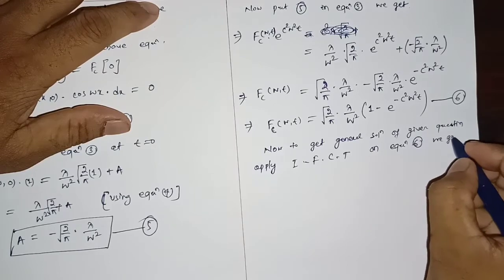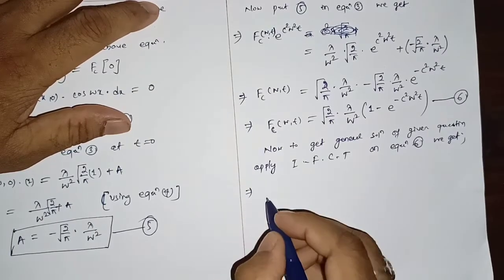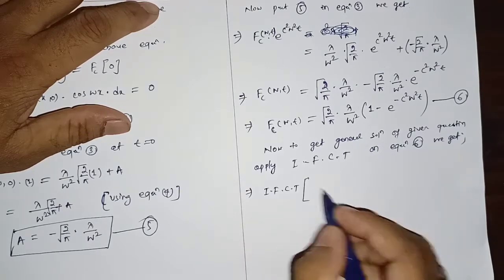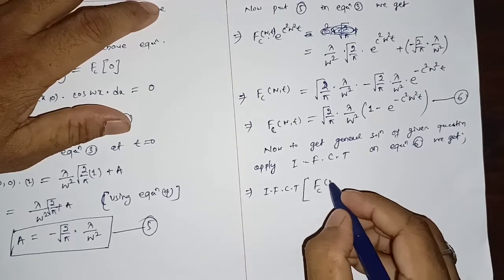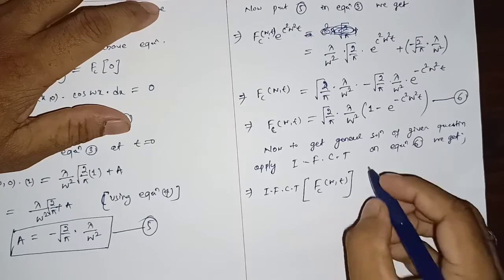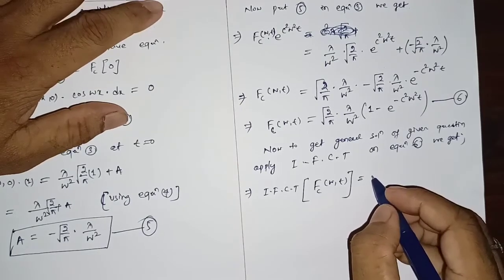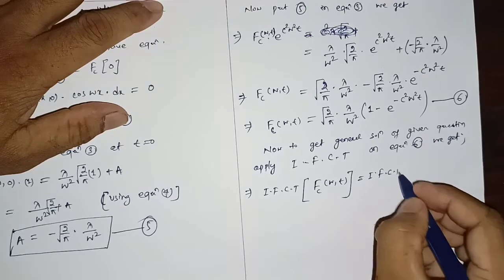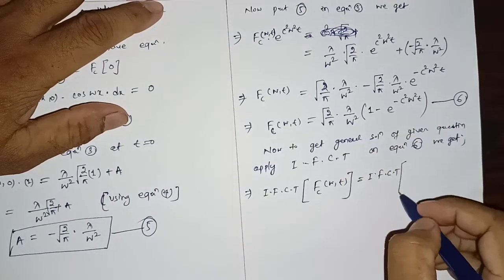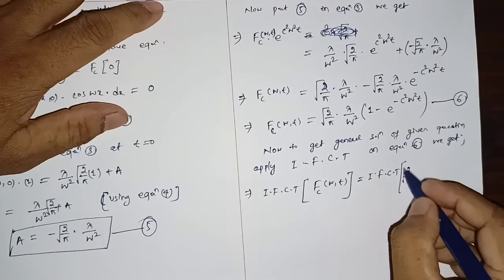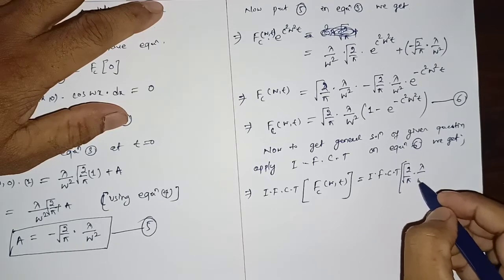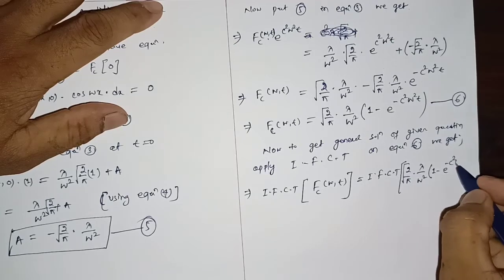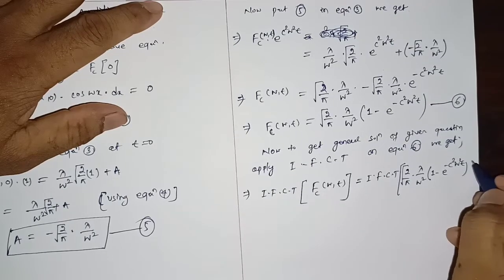What do we get here? You can apply inverse Fourier cosine transform. On the left hand side we have fc omega t, equal to inverse Fourier cosine transform applied on this one, that is root over 2 by pi into lambda by omega square into 1 minus e to the power minus c square omega square t, right?